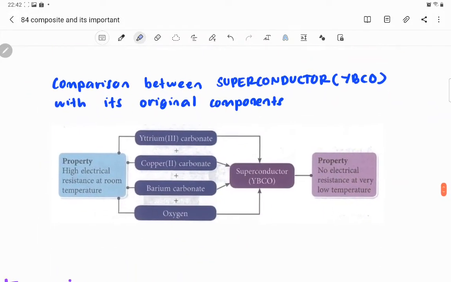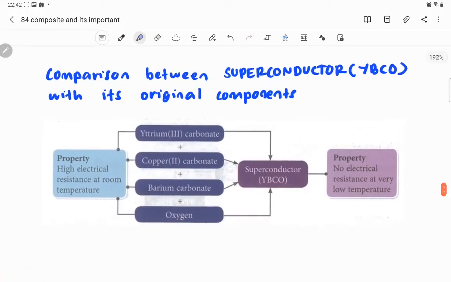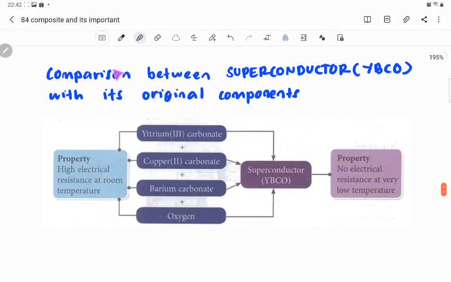Then last but not least, okay, let's proceed with the comparison between the superconductor yttrium, barium, copper oxide with its original component.